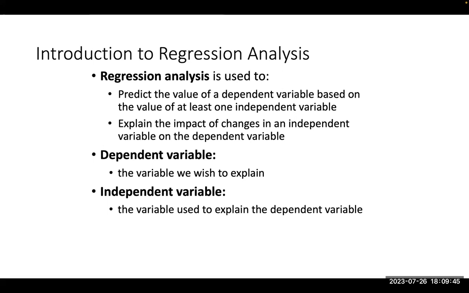So if you build a relationship between, let's say, blood pressure and weight, you can quantify the change in blood pressure with an increase of 1 kilo in weight on the x-axis. And this is the slope that we will be looking at in a second. It depends on the variable we wish to explain, and the independent variable, which is used to explain it.